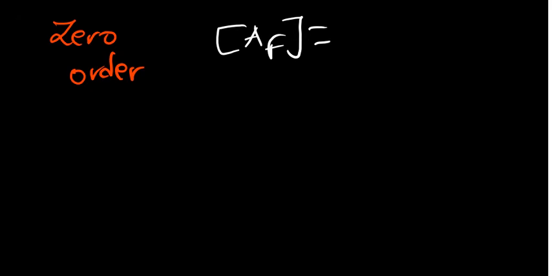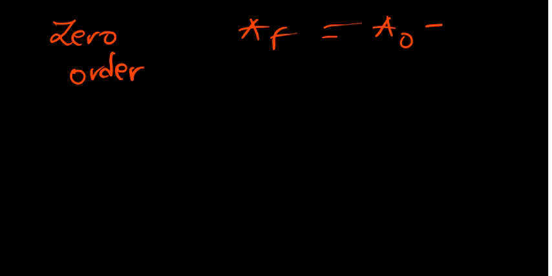We're going to start with zero order. When you've been given the concentration of a reactant in a zero order reaction, the equation you're going to work with to predict the final concentration is this: [A] final is equal to [A] initial, minus kt.